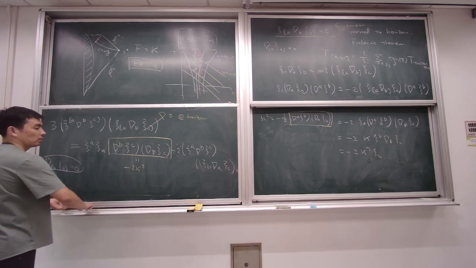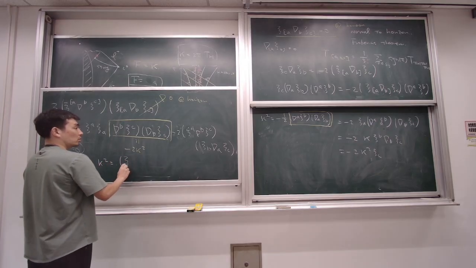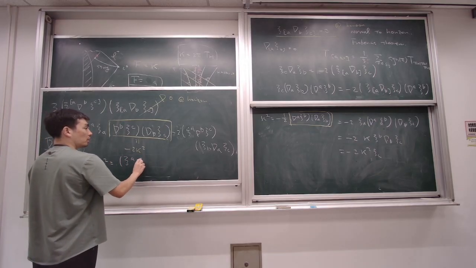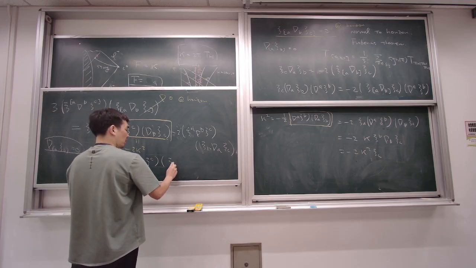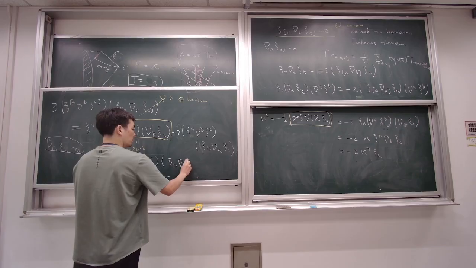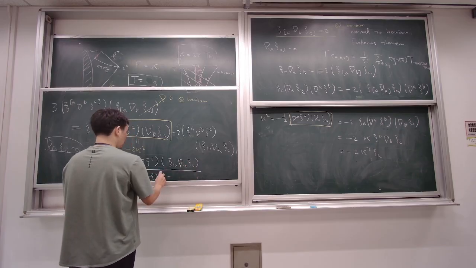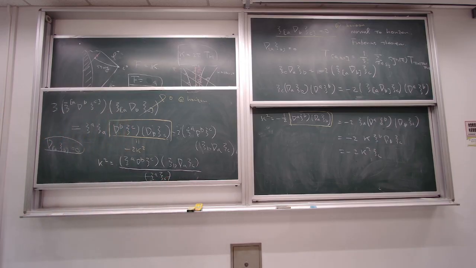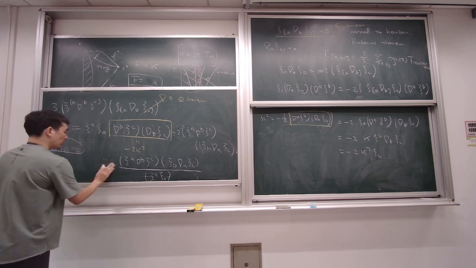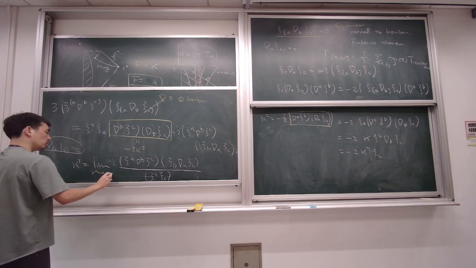So therefore, kappa squared is equal to CA del B CC, CB del A CC, divided by CA. Do you agree with that? At the horizon, kappa squared is the limit as r goes to r horizon.